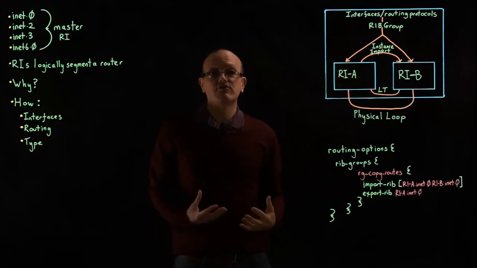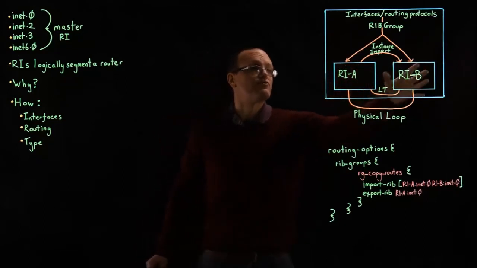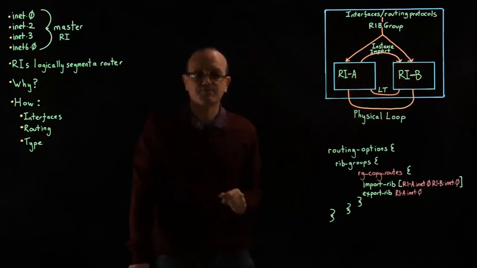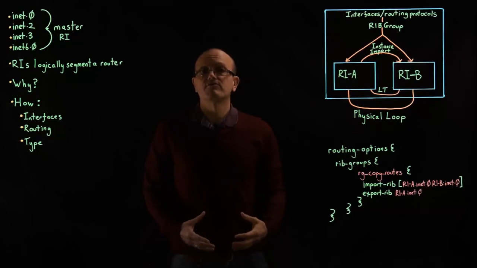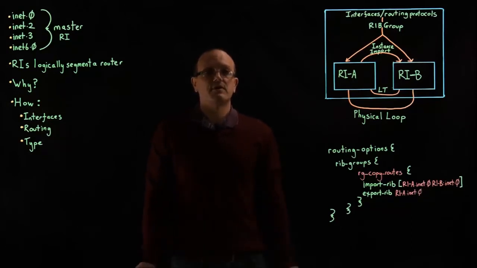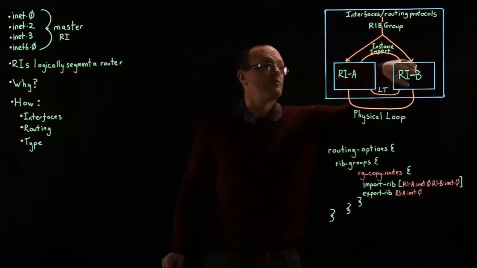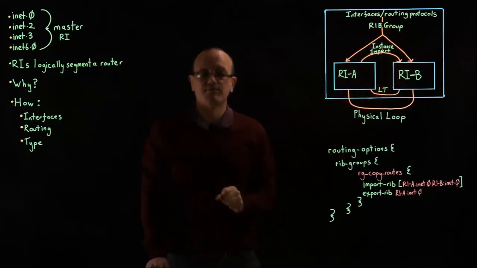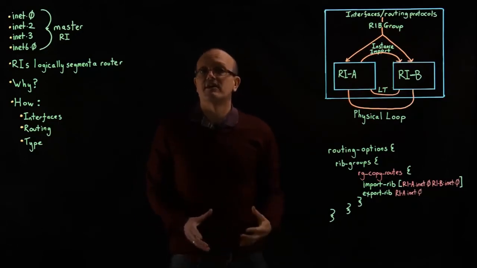And that way, those routes will then facilitate intercommunication between those two routing instances. And the final option, perhaps the most complicated option, is to use RIB groups. And RIB groups are this arrow at the very top of this diagram here. And I'll attempt to explain how RIB groups operate in the final part of this video.